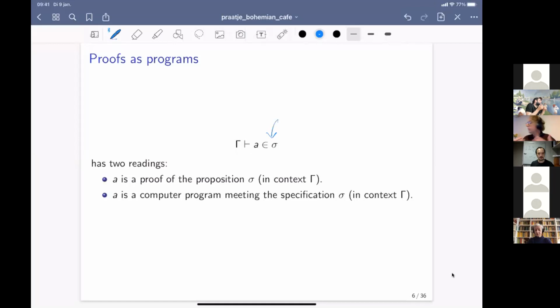If you're looking for a constructive proof of a certain statement, you're looking for an algorithm which has certain properties, which you could call a specification. Then you can read it as a being a computer program meeting this specification σ. So there are these two readings of the statements that you derive in type theory, often called proofs as programs or propositions as types.